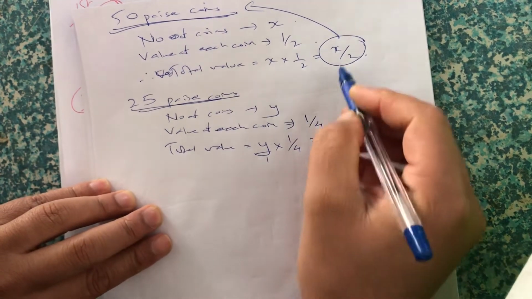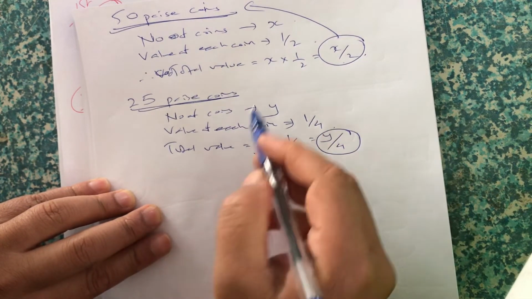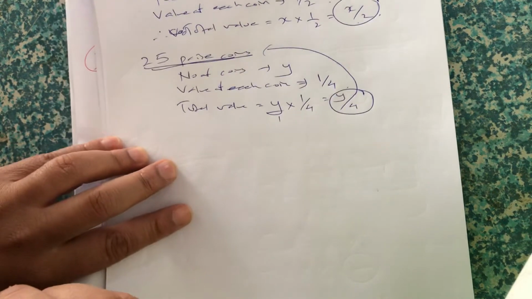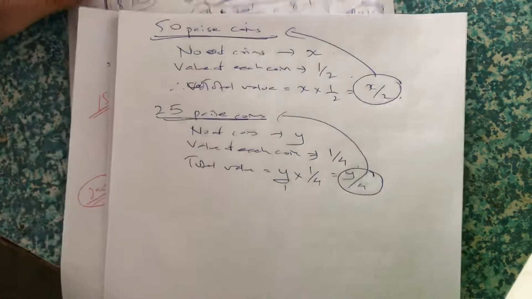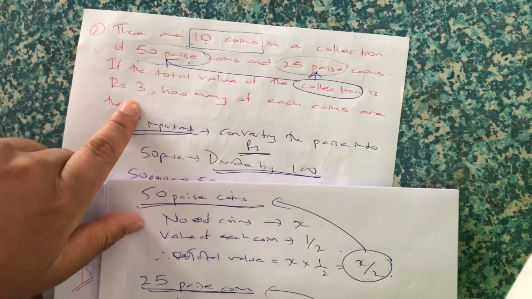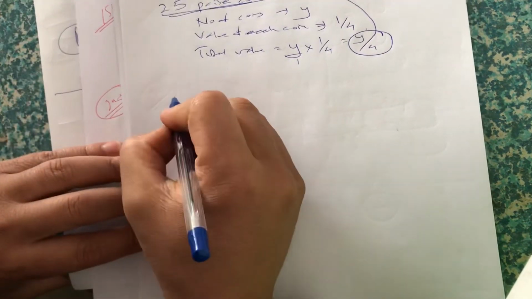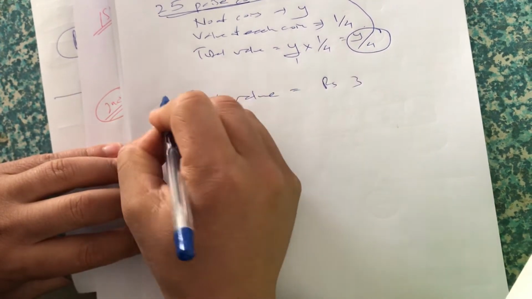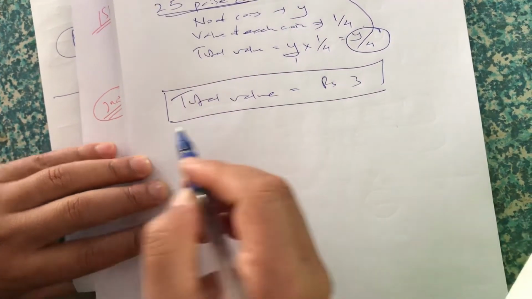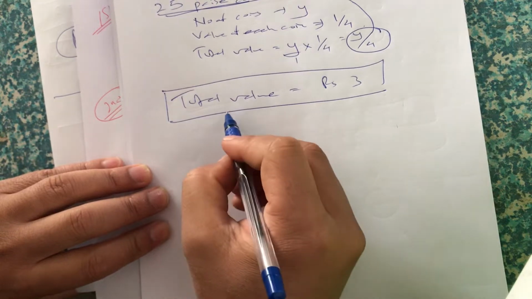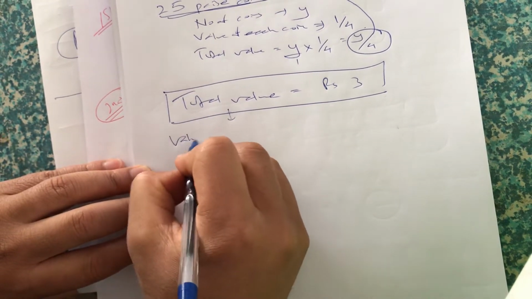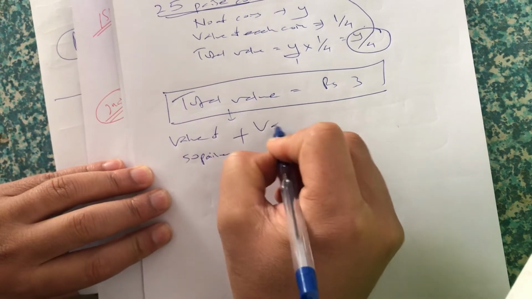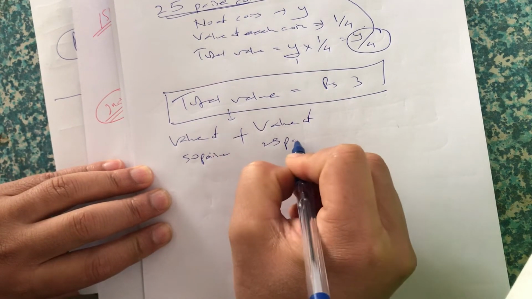So x by 2 is the value of 50 paise coins, y by 4 is the value of 25 paise coins, but the question says the total value of the collection is rupees 3. But how do I get the total value? Total value is the value of 50 paise coins plus the value of 25 paise coins.